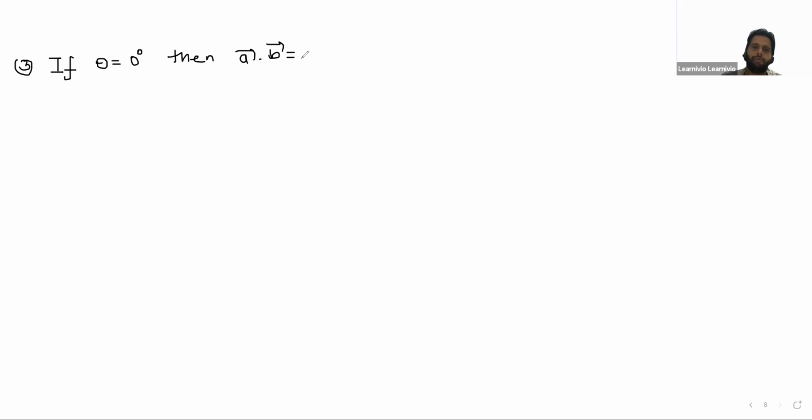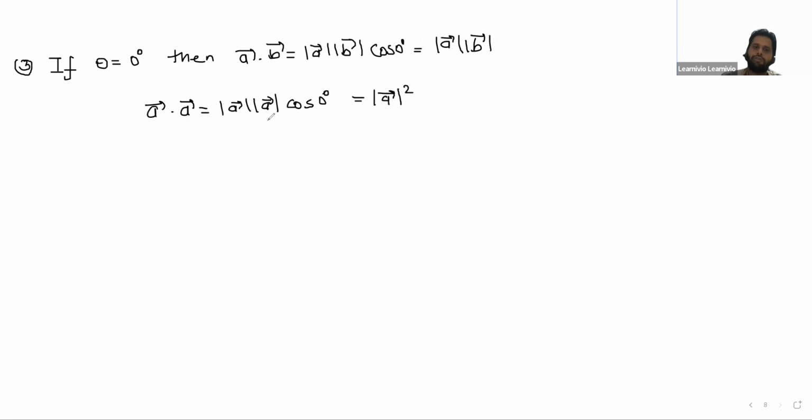Magnitude of A, magnitude of B cos 0. So this will give you magnitude of A, magnitude of B only. So A dot A, we can say it is equal to magnitude of A, magnitude of A, and cos 0 degree because the vector is the same. So the angle between them is 0, and here you will get modulus of A square.